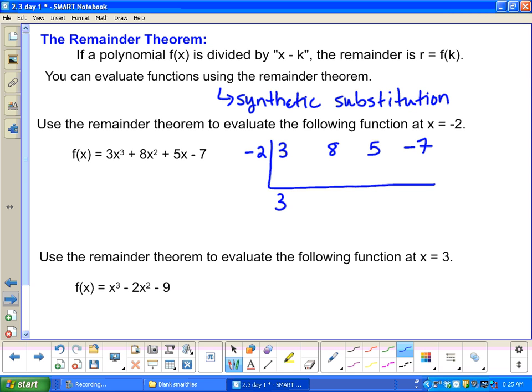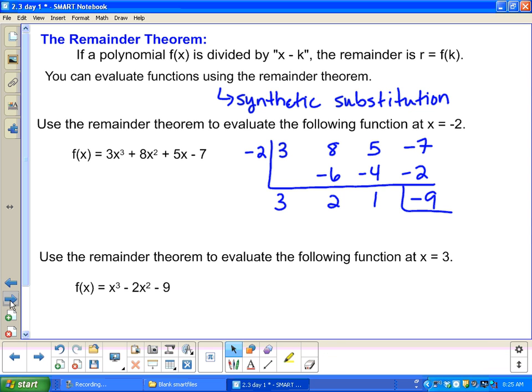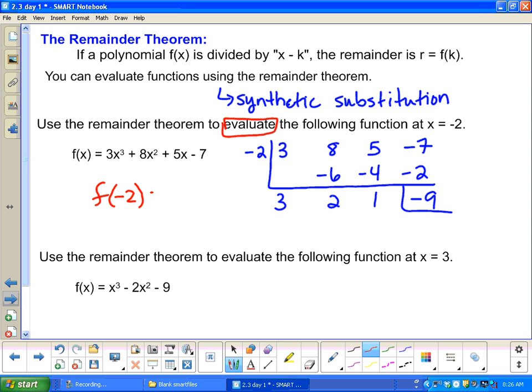Bring down the 3, multiply, add, multiply, add, multiply, add. So what I can draw from this is that if I divided, I would have 3x squared, but I'm evaluating. So what I'm saying is that at f of negative 2, my function is equal to negative 9.